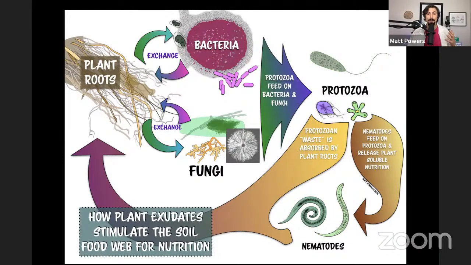Those microbes then get fed upon by the next level in the soil food web, the next trophic level, the protozoa, and their waste, because bacteria and fungi don't have, quote unquote, waste. They don't have manures, micromanures, but protozoa do and nematodes do. And so nematodes feed on protozoa and have manures there, and the plants feed on that.